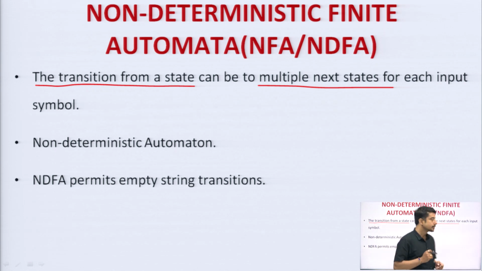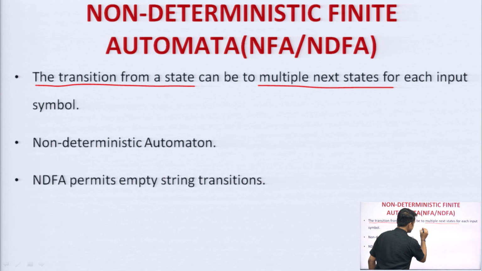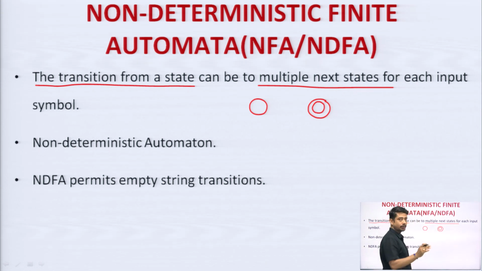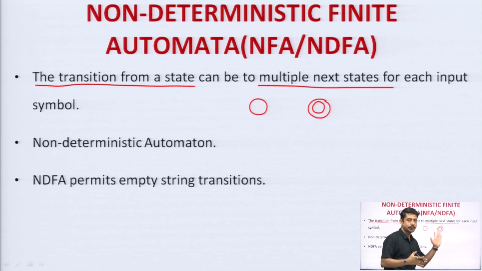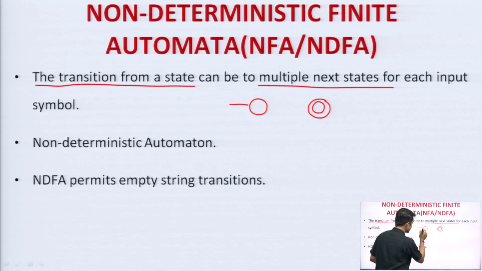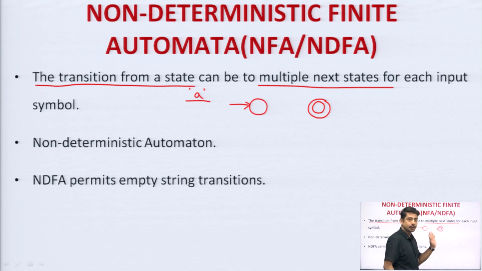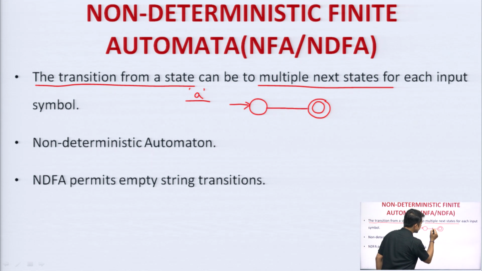Suppose I am having a state and one more state, and let us suppose this is the final state. I am not naming these states, I just designate these two states. Let me say this is an initial state, and I am concentrating on only one input symbol, say A. For this input symbol A, this initial state will have a transition to this final state.